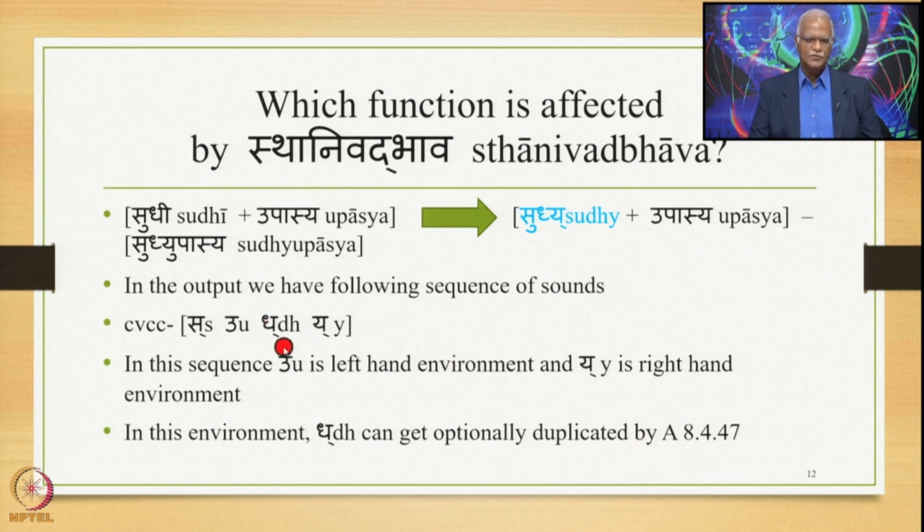So this Dha becomes the scope of application of 8.4.47, where U acting as the left hand side environment and Y acting as the right hand side environment fulfill the conditions for the application of 8.4.47. And then we have Dha being reduplicated optionally. This is the function which can be affected by the Sthanivat Bhava.